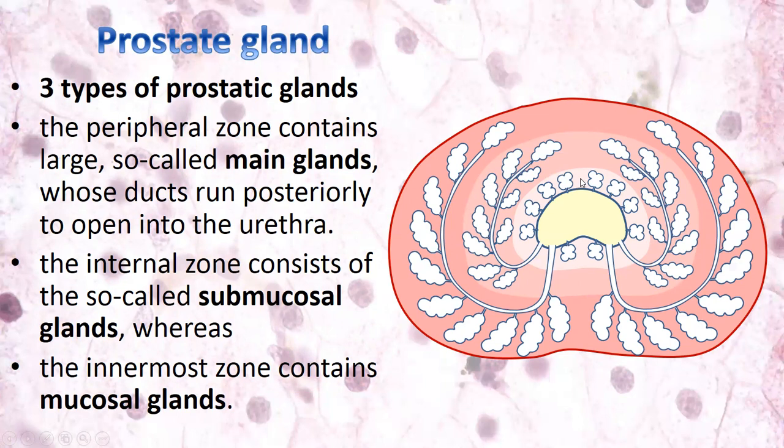These glands are the smallest, and they have distinct ducts which open directly into the urethra. So you should know that there are three zones, mucosal, submucosal and peripheral, and three groups of prostate glands: mucosal, submucosal, and main or chief glands. The biggest glands are the main or chief glands, and they produce the biggest amount of the product of the prostate gland.